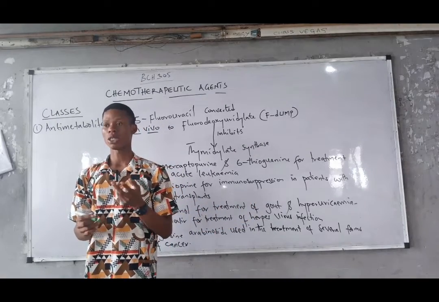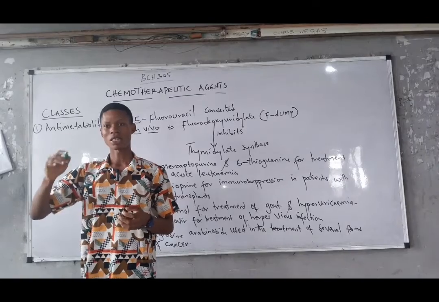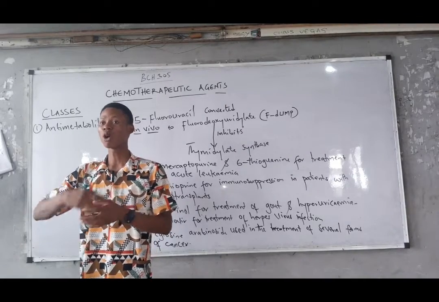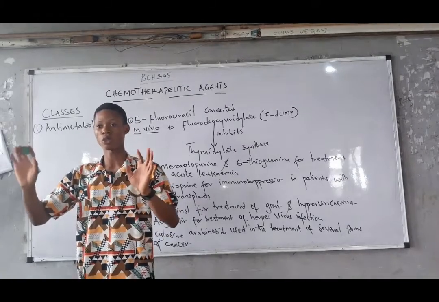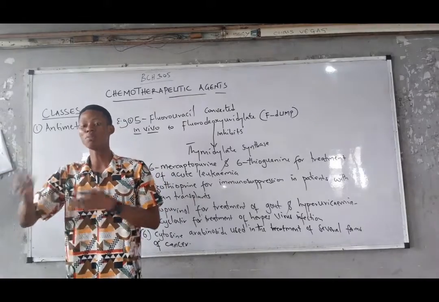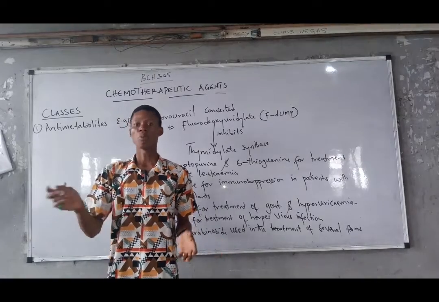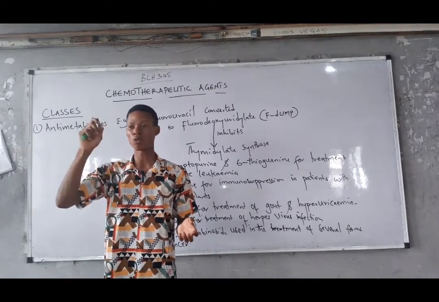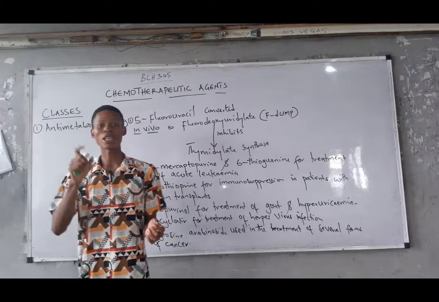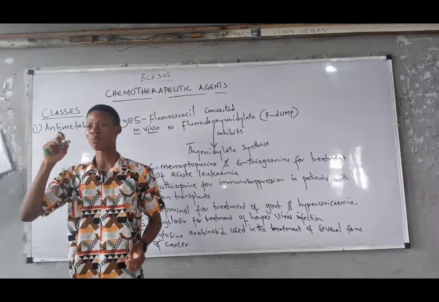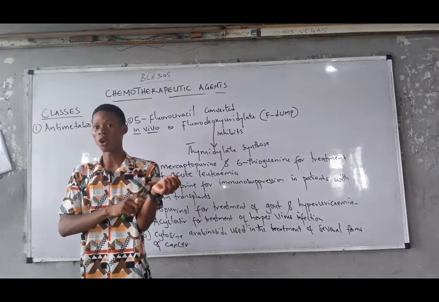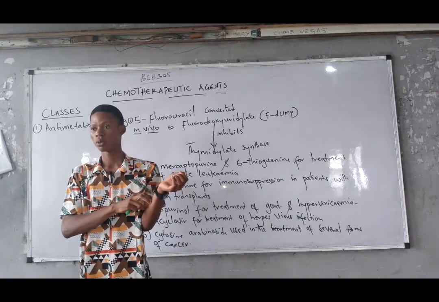Now they notice something. They notice that cancerous cells need more nucleotide. More nucleotide. When I say nucleotide, we know what it means, right? They require more nucleotides than normal actively dividing cells. So modern chemotherapeutic agents now, what they do is either they concentrate the chemotherapeutic agent at the particular site of the tumor.